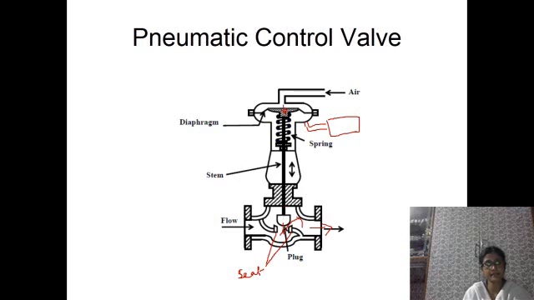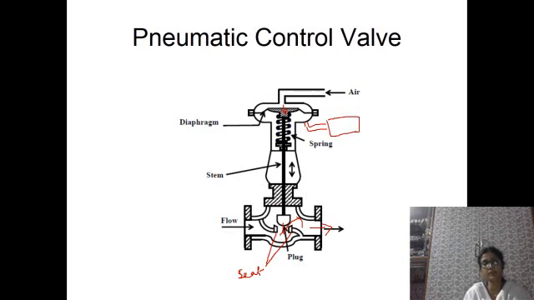As a result, the plug fits to the seat area and it restricts the fluid flow. So when air increases, then it gets closed. So this is air to close type valve. When air increases, that means the input signal increases, then it gets closed. So this is the air to close type.